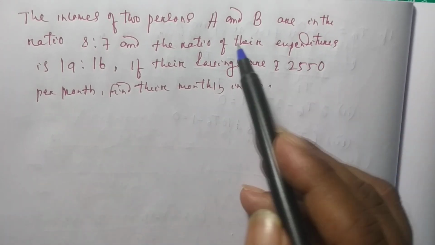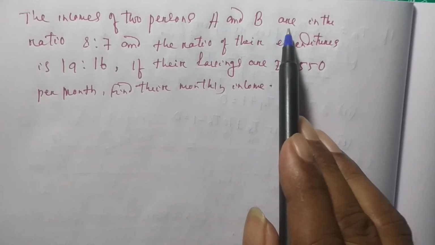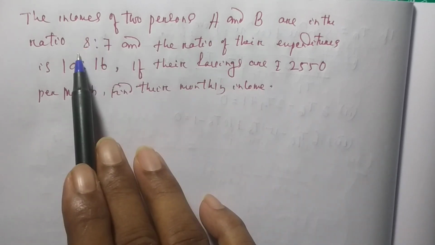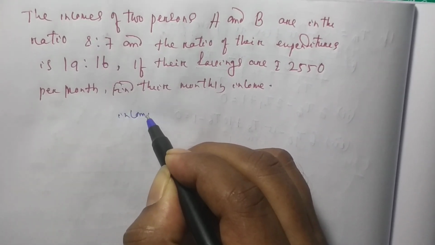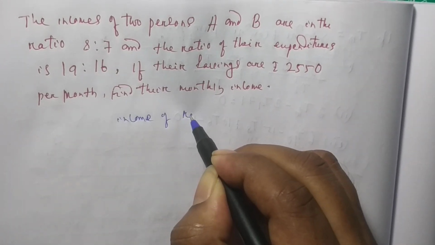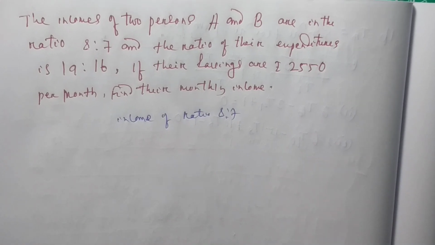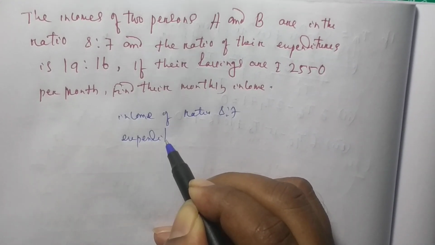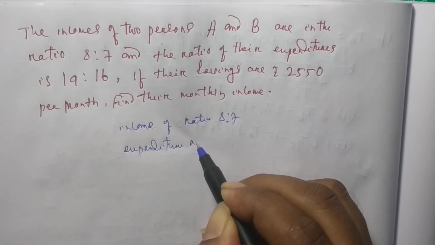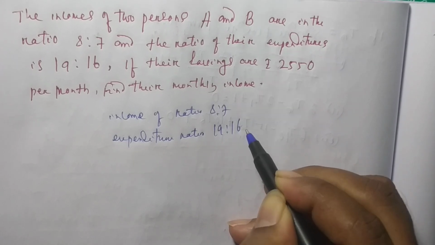Firstly, the question is given. You see, A and B, the income ratio is 8:7 and the expenditure ratio is 19:16.